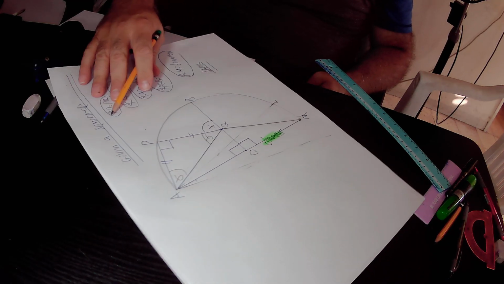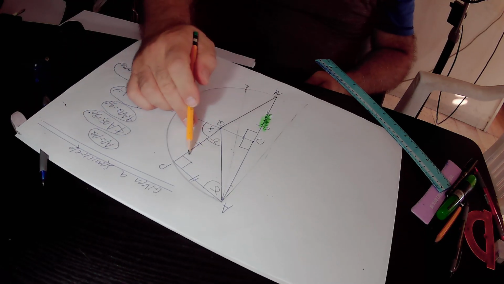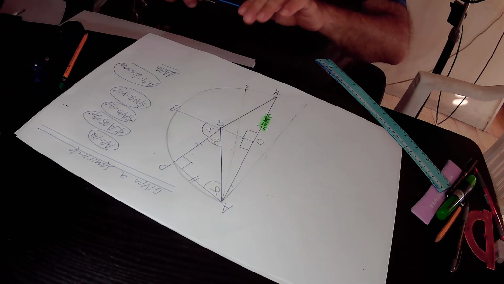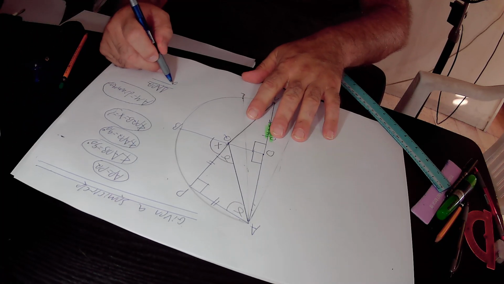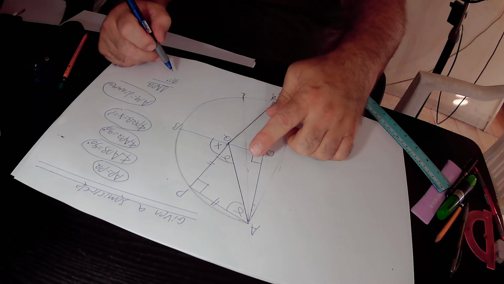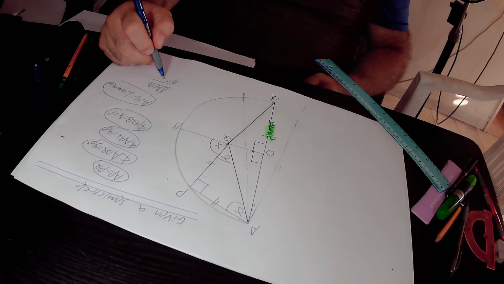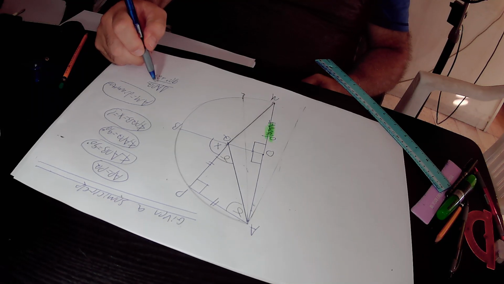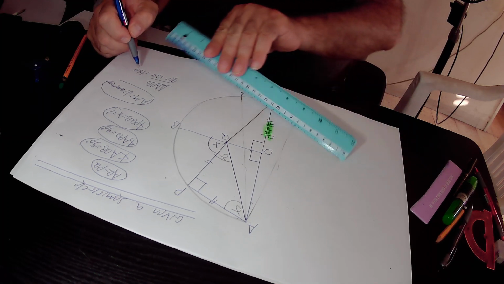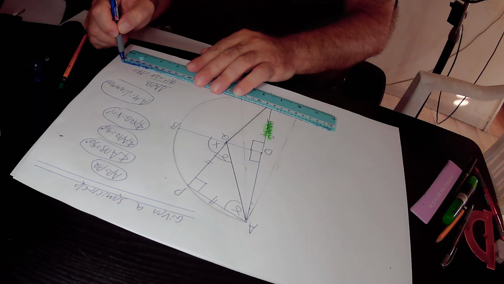So which angles do we have in the right triangle APQ? We have this angle that is a right angle, and alpha plus alpha is 2 alpha. So 90 degrees plus 2 alpha, and in total the sum of those three angles must equal 180 degrees, according to the rule that the sum of the angles in a triangle is 180 degrees.